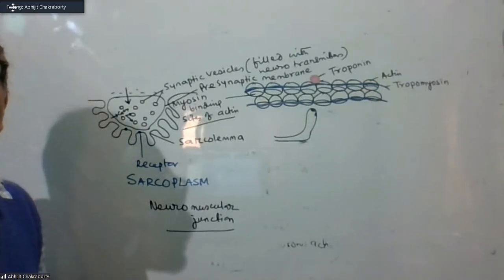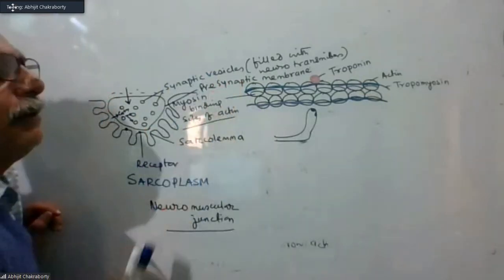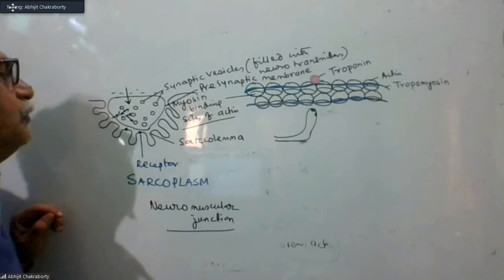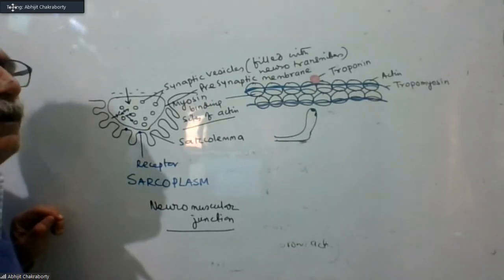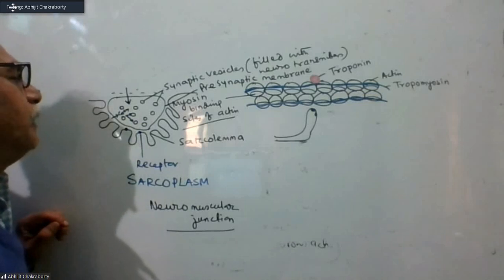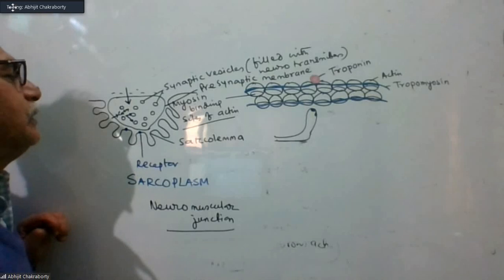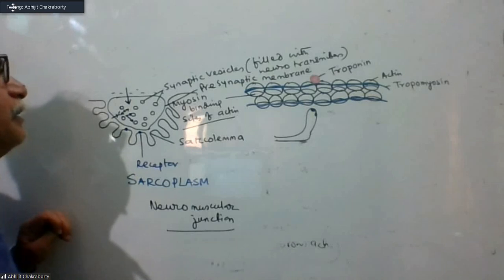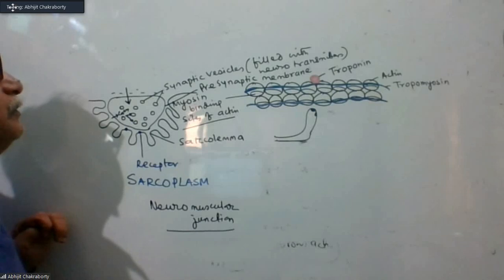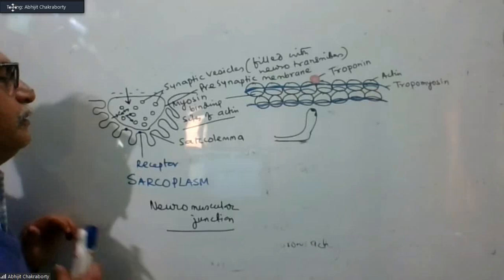As soon as the impulse comes, the permeability of the presynaptic membrane changes, so it is permeable to calcium ion, or calcium ion channels open, and from the extracellular fluid, calcium ion enters. It stimulates the synaptic vesicles to release acetylcholine or neurotransmitter.